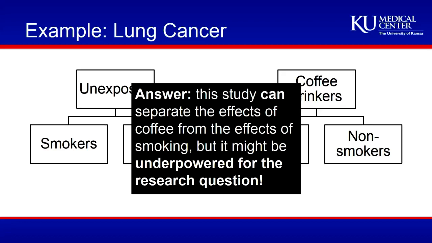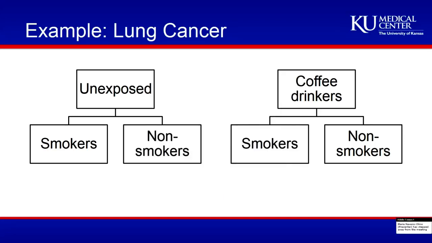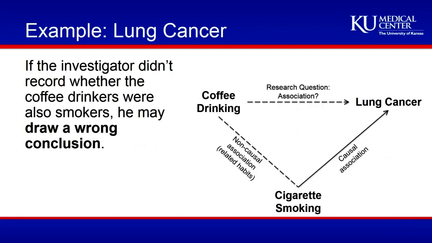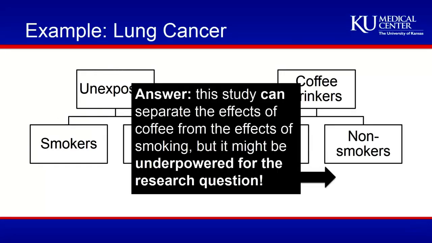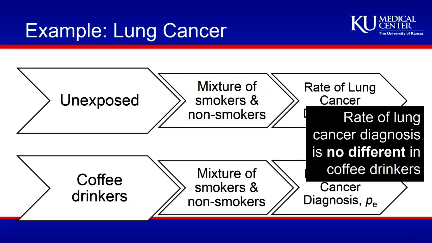So that's a problem that we didn't have before. We had a similar problem, but a problem in a different way. So again, partitioning it out. One of the problems that ends up happening in this situation, which is actually more likely than what I showed you before where we actually found a difference in the rates of lung cancer, is that you end up missing it.